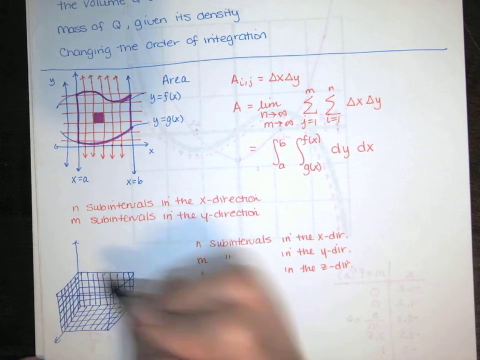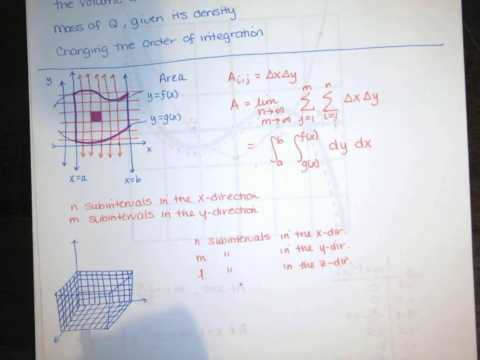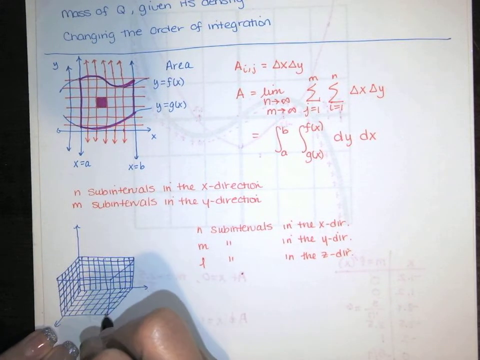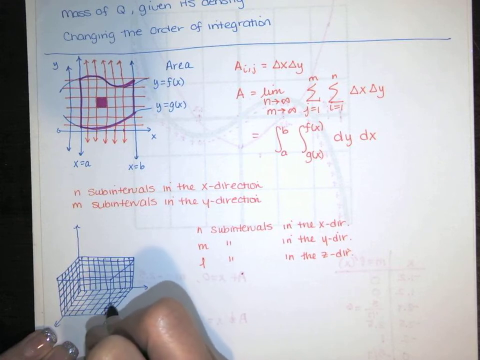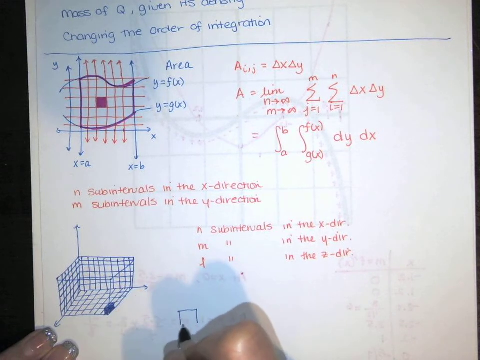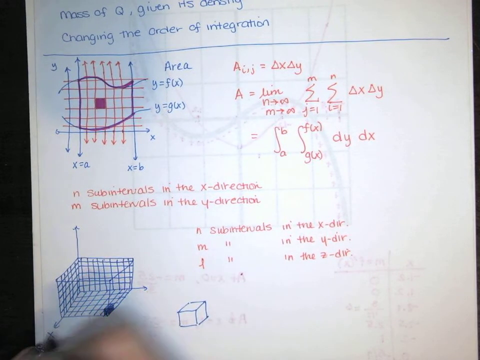So you go to this and you find one of these little cubes. Maybe there's a cube sitting right here. This is x, that's y, and that's z.